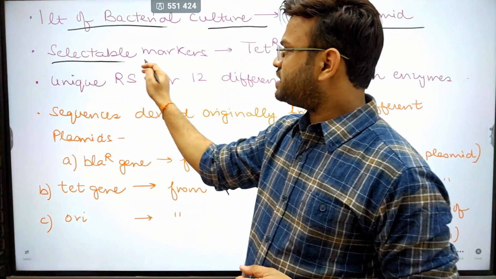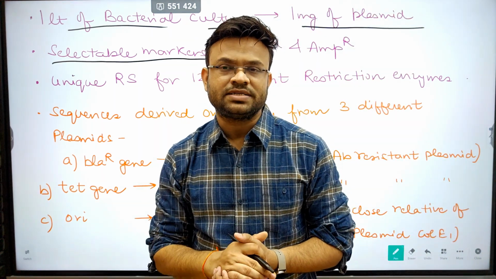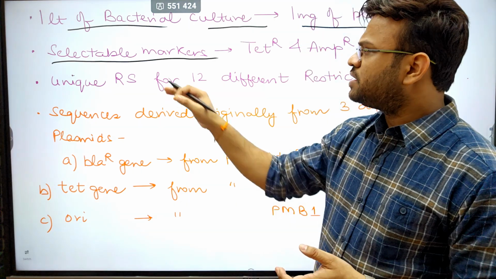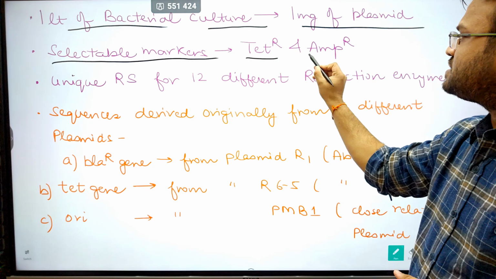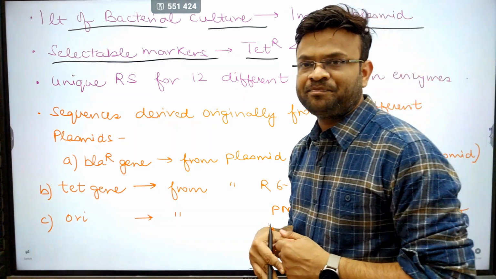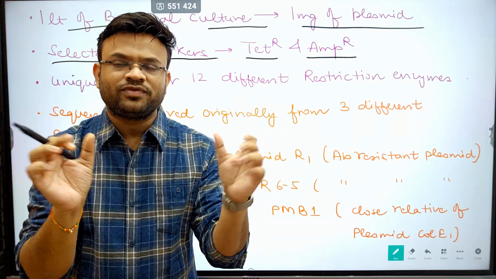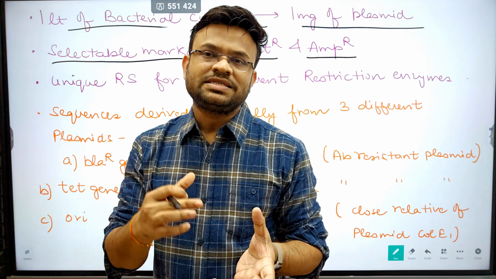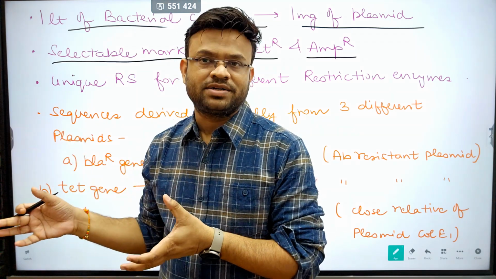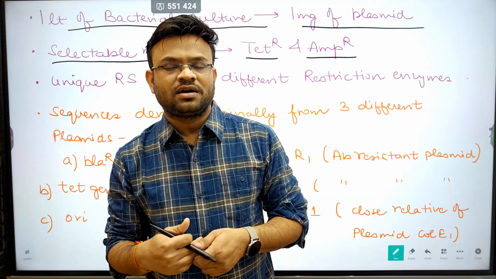It has been asked in several life science examinations, what are the selectable markers present inside pBR322. The different selectable markers that are present are the tetracycline resistance and ampicillin resistance markers. That means these two genes will be present in the genome of the vector, and these two genes will serve as the selectable markers. We will talk about how these genes function in the subsequent slides.